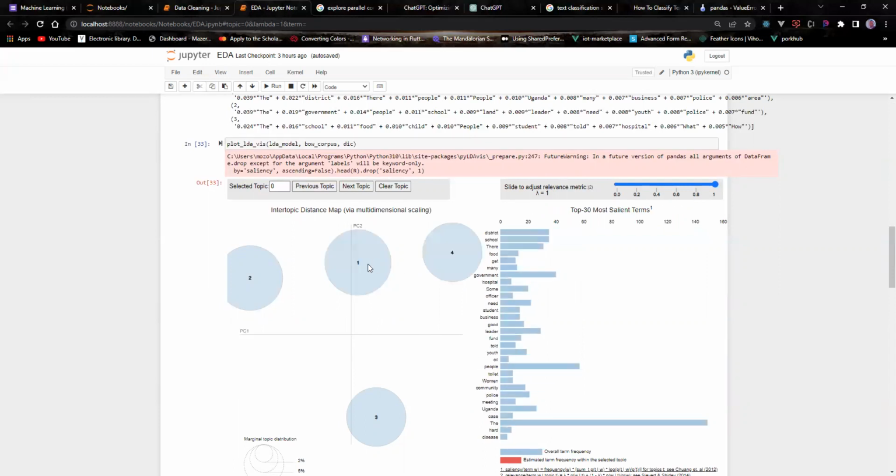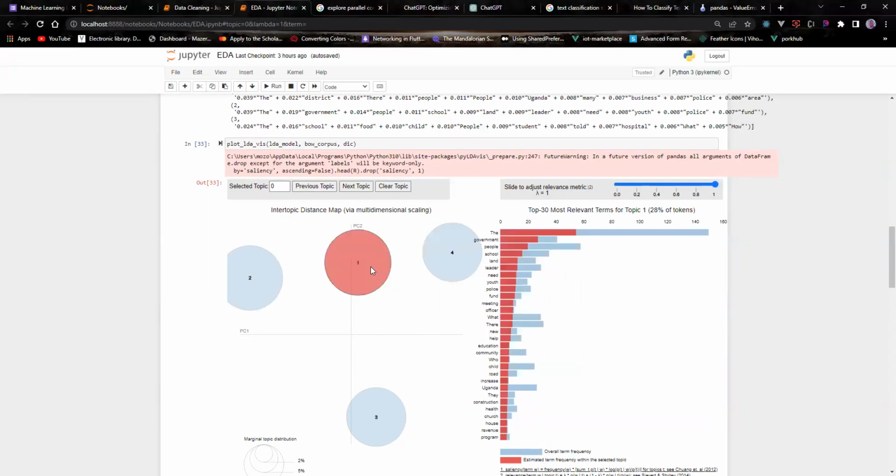So if you look at this, you see that the red color indicates, out of close to 140 something, there's only something like 45 in this topic, and then there's something like 25 government words in this topic.